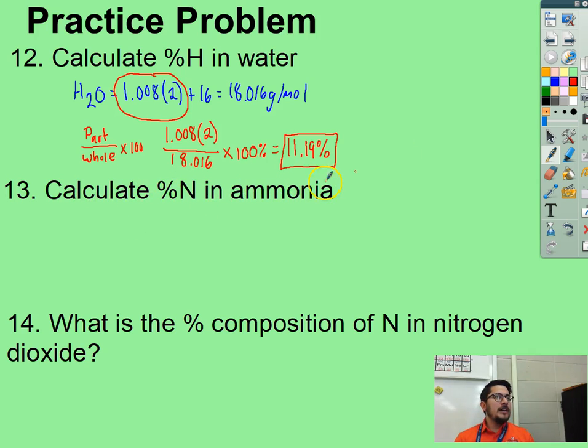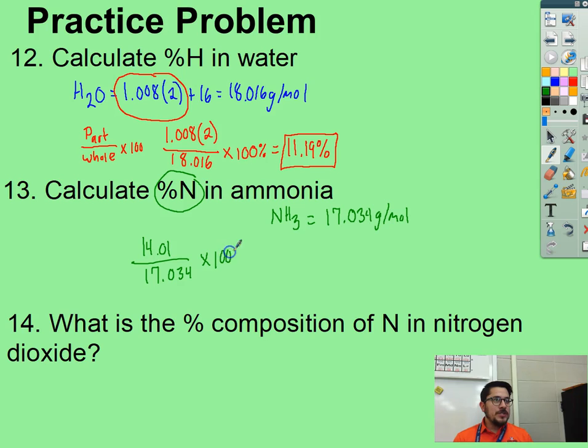All right, next I have ammonia. Ammonia is NH3. It's one of those that we're going to be using quite often, so just start memorizing the formula. Get the whole molar mass. If I do it, the whole molar mass should be 17.034 grams per mole. They want to know just the nitrogen, and there's only one nitrogen, so it'll be 14.01 times 1, or you can just leave it, divided by the whole, 17.034.